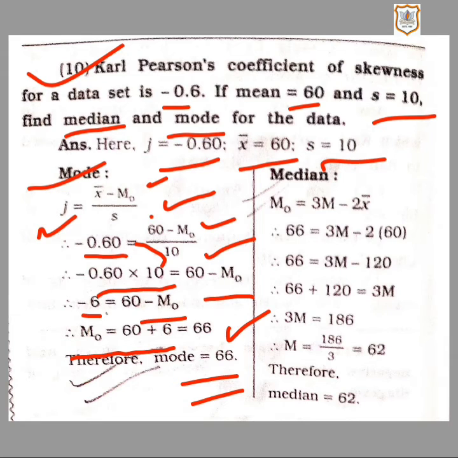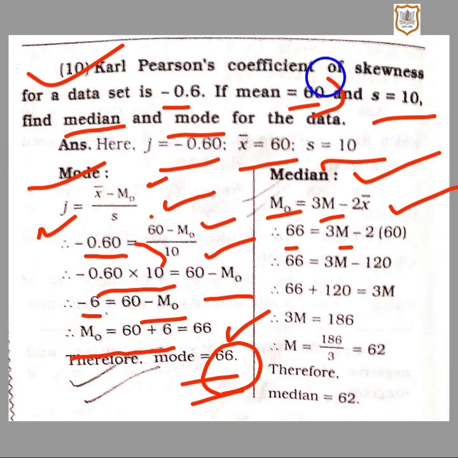Now with the help of the empirical formula, we can find median. So the empirical formula is mode is equal to 3 median minus 2 mean. Mode we have taken out, that is 66, is equal to 3 median. We don't know the value of median, so we'll write as it is, minus 2 mean. Mean is 60 given in the question.